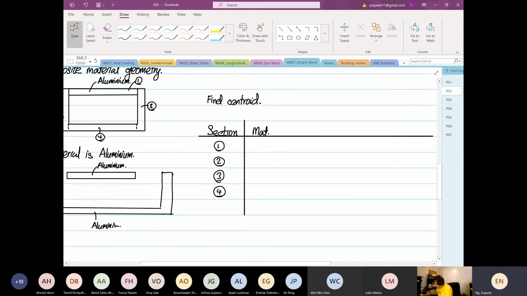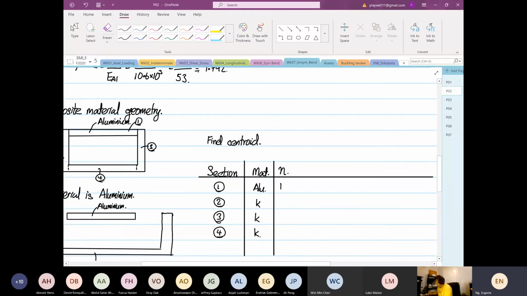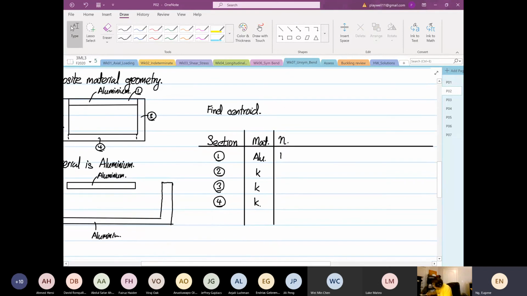So material for 1 is aluminum. 2, 3, and 4 are of Kevlar. And then the next thing, what I usually do, is put the N value. This is 1 because the reference material is aluminum, then it's 95 over 53.